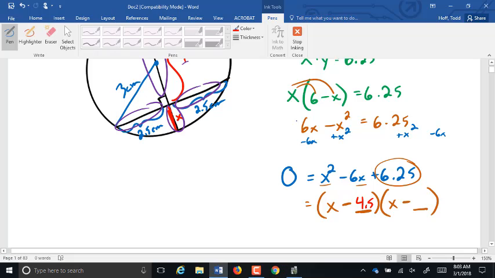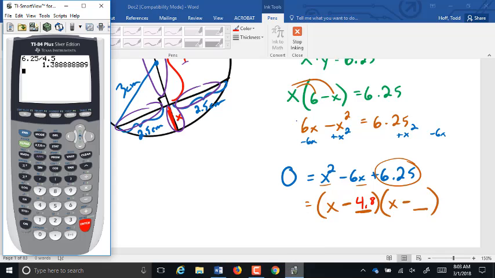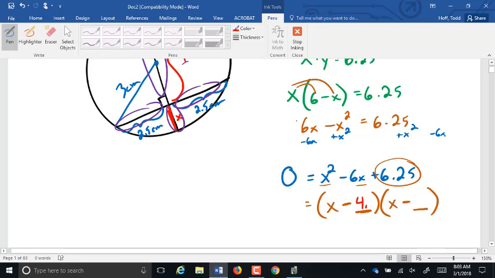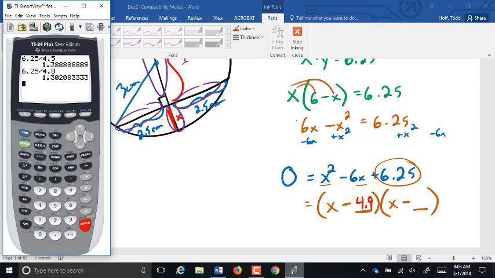So let's try 4.8 here. 1.3, that adds up to 6.1. Let's try 4.9. 1.27, that's getting close. That's 6.175, 6.18.